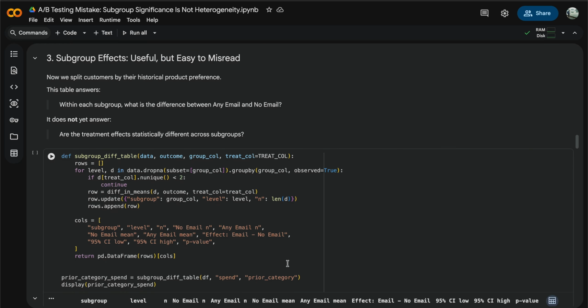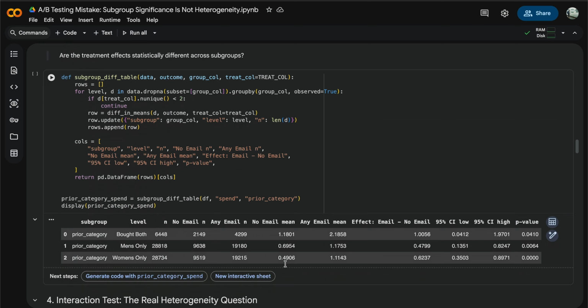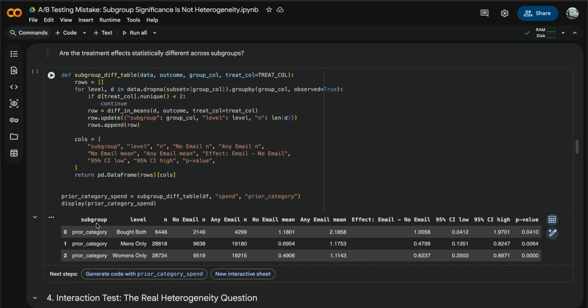For example, some customers historically bought men's products, some bought women's products, and some may have bought both. This results table answers a simple question. Within each subgroup, what is the difference between the email group and the non-email group?